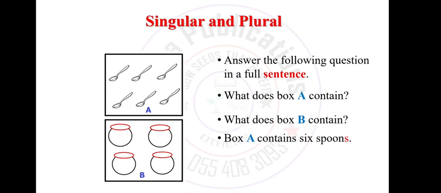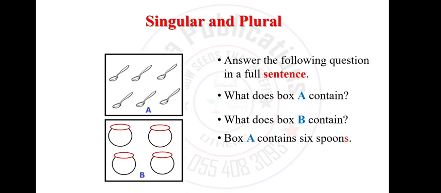You might have written box A contains spoons. You are correct. You realize that the S at the end of spoons has been made red. We just want to highlight it to tell you its significance.